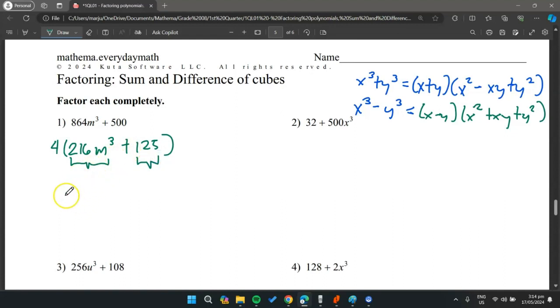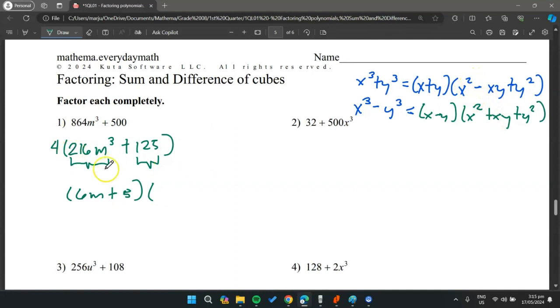So, from this, we will write the cube root of 216, that is just 6, and then the cube root of m, that is just m, plus the cube root of this is 5. Alright, so 6m plus 5 times x squared.